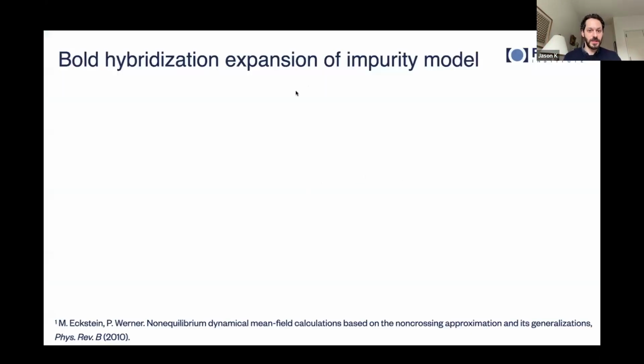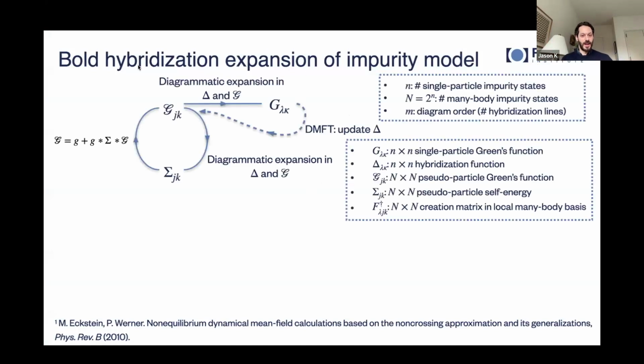So I'm going to be evaluating some Feynman diagrams, and I don't want to go into too much detail on exactly where these diagrams come from. This 2010 paper describes the diagrammatic expansion we're using. This is a bold hybridization expansion of an impurity model. And I'm just going to tell you the work we have to do, and hopefully this will look somewhat familiar for some people.